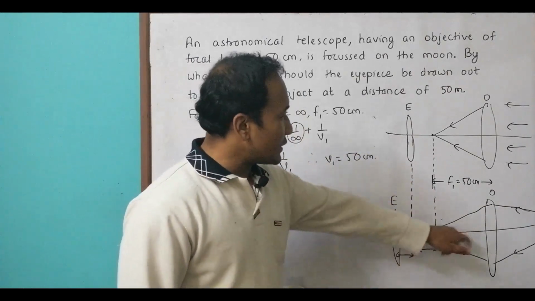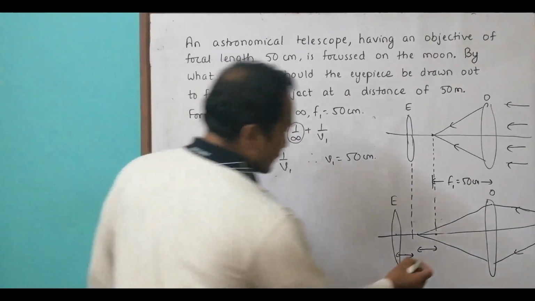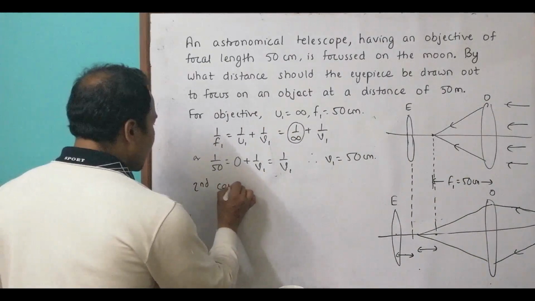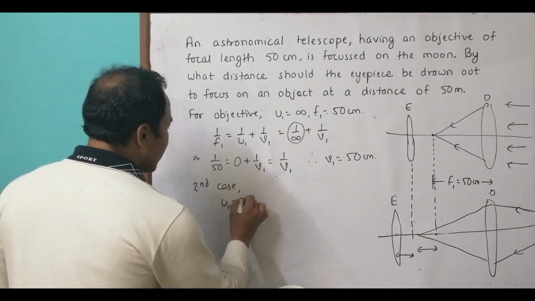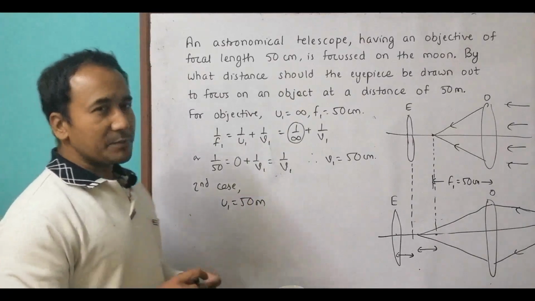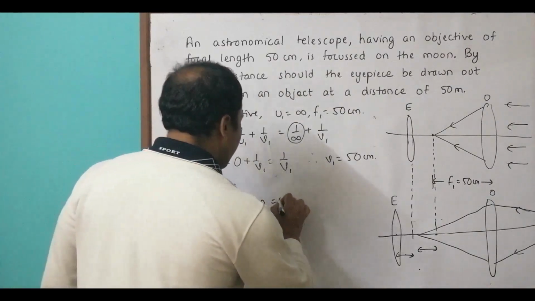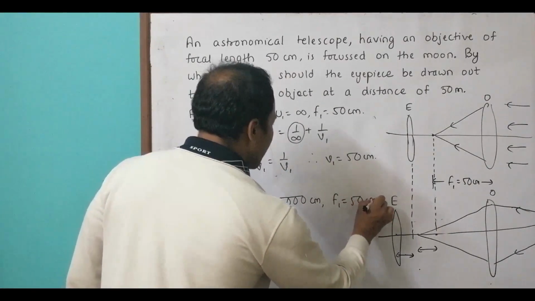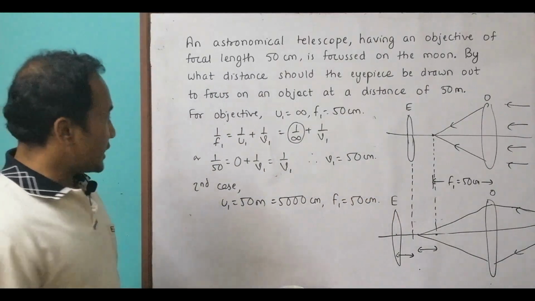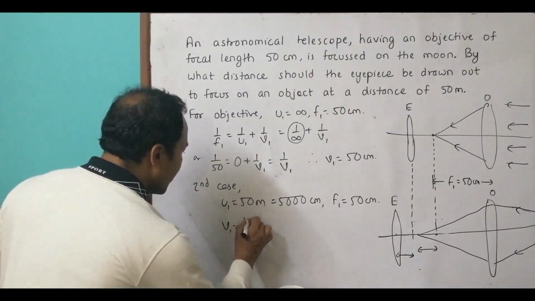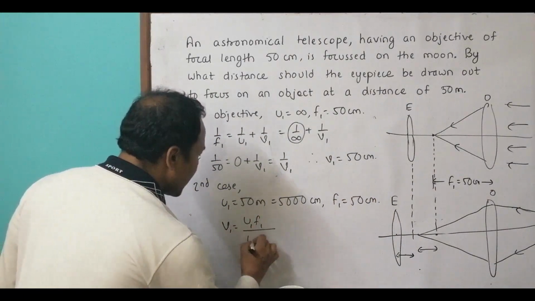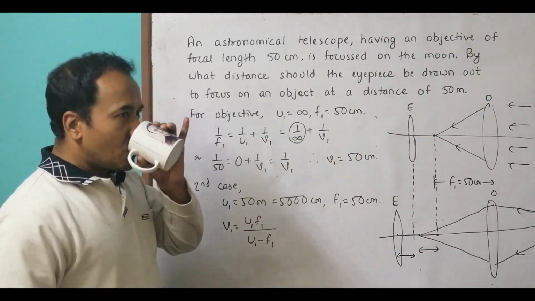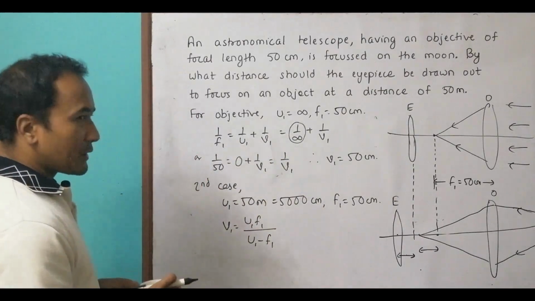So for that, we need to find the final image distance. For the second case, u1 is equal to 50 meters, because now the object is placed at a distance of 50 meters, that is 5,000 centimeters. f1 is still 50 cm. So v1 is equal to u1 f1 divided by u1 minus f1. So this is the formula.